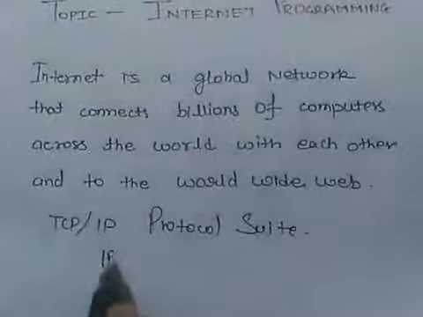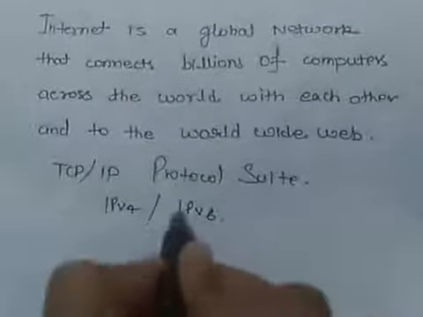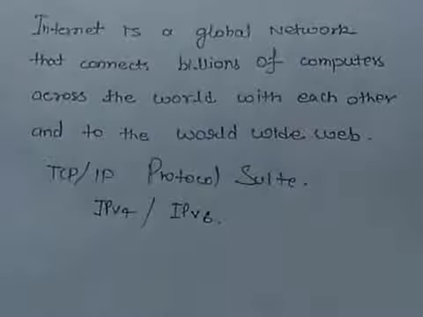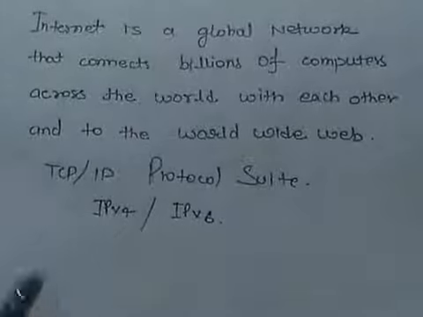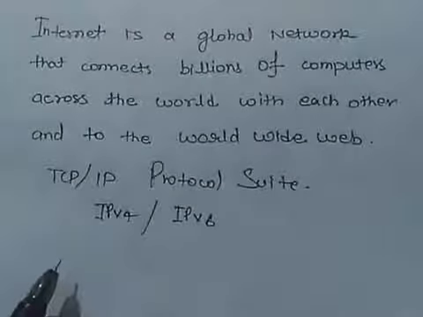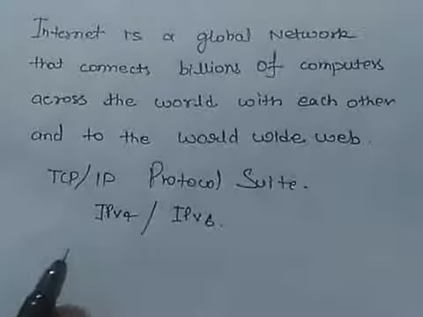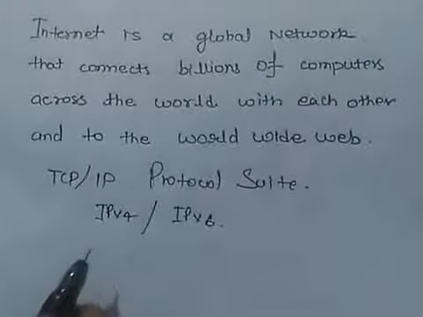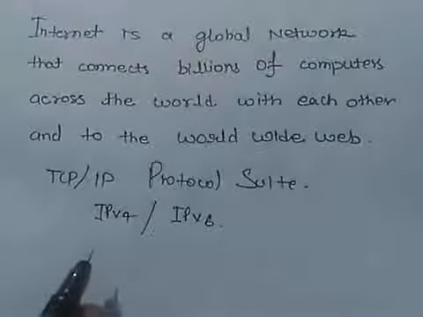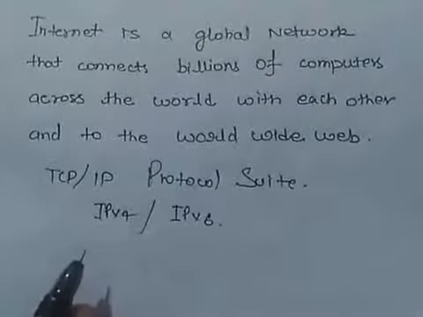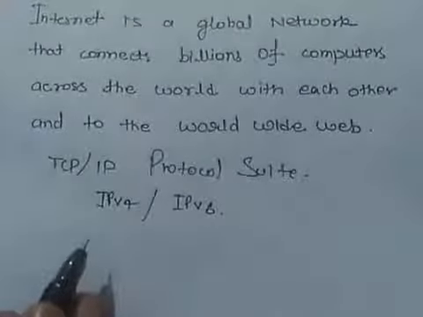We have IPv4 and we have IPv6 standards. Now it is set up using cables such as optical fibers. We have wireless infrastructures and we have network topologies or technologies.